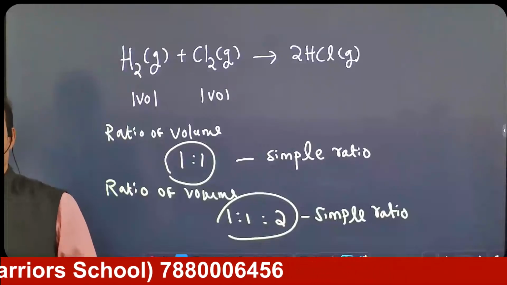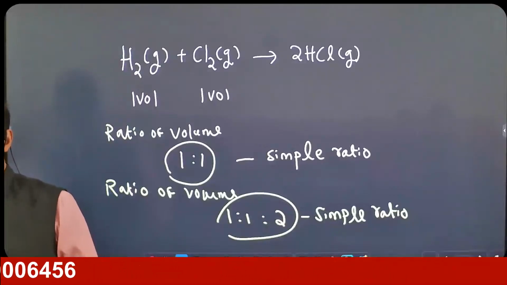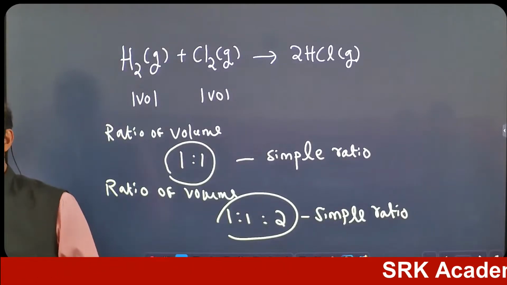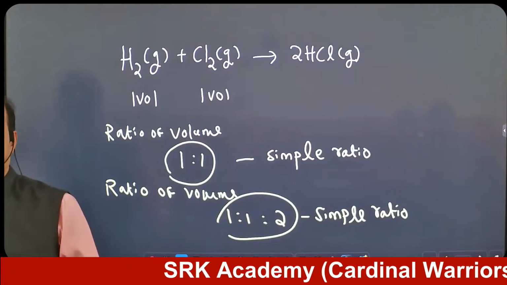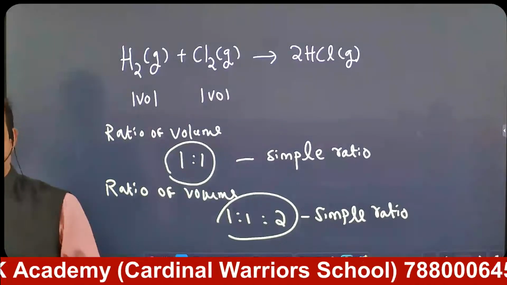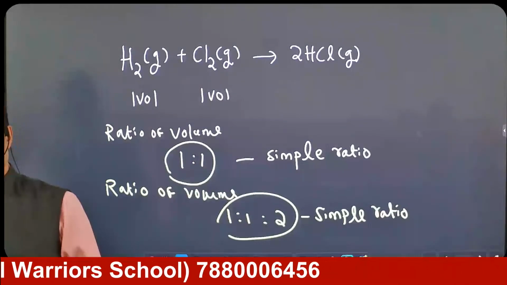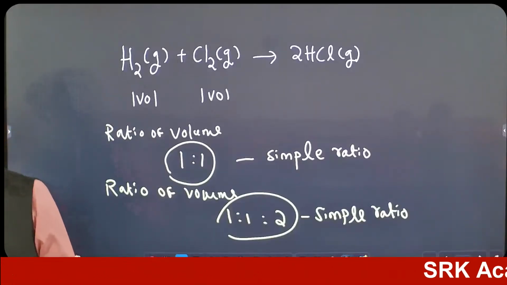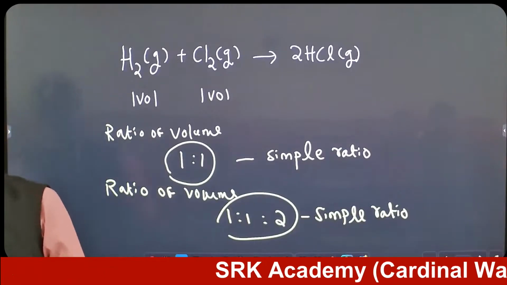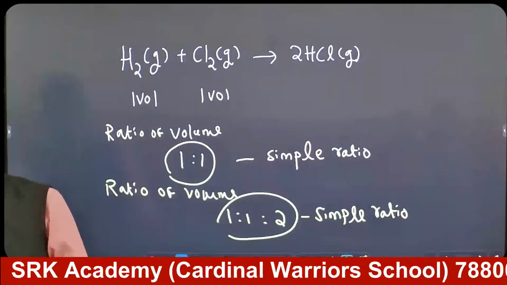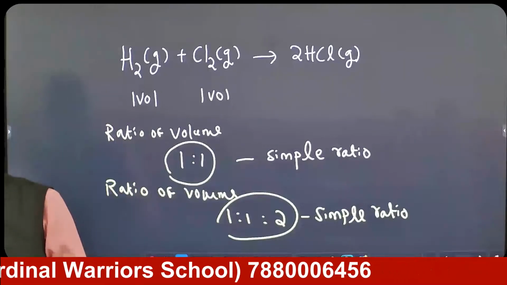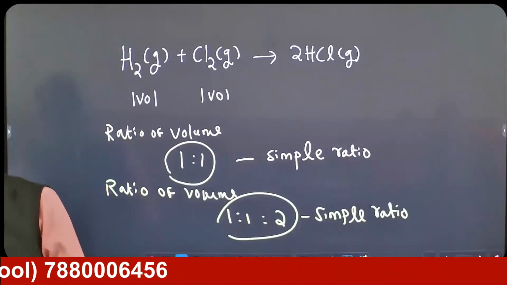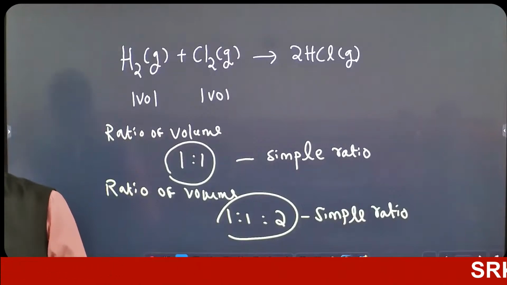And here all the volumes are measured under similar conditions of pressure and temperature. That is one condition, right? So suppose pressure is measured at P, temperature is measured at T. For hydrogen, the same pressure; the chlorine gas volume is also measured at pressure P and temperature T. The same thing happens with HCl. Clear or not?